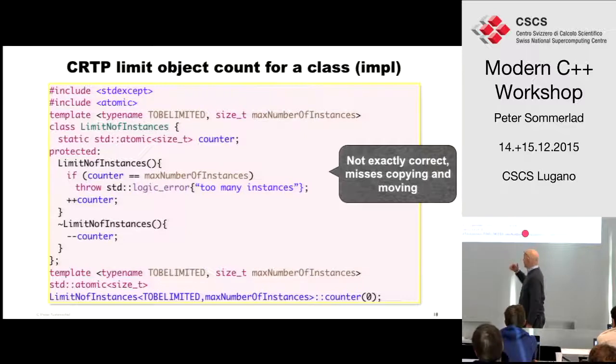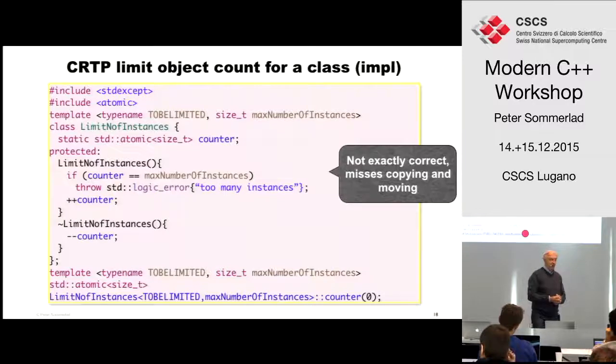And this is how it's done, almost. It misses things like the copy constructor and move constructor to make it right, because it wouldn't fit on the slide. But the underlying idea is I have a static member variable, so a global variable, per class to be limited.